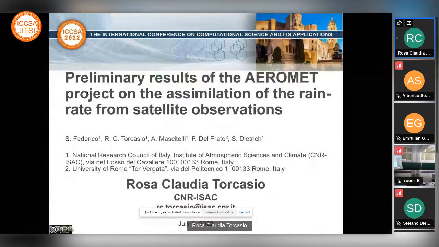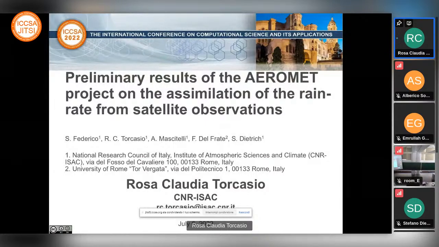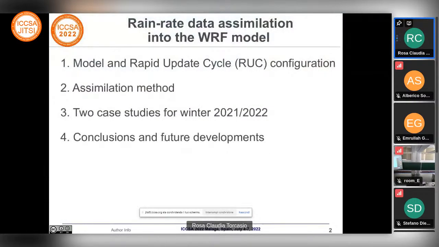I will present the preliminary results of the AeroMet project on the assimilation of the rain rate from satellite observations. This project aims to assimilate rain rate data into the WRF model and to evaluate the impact of this data assimilation.